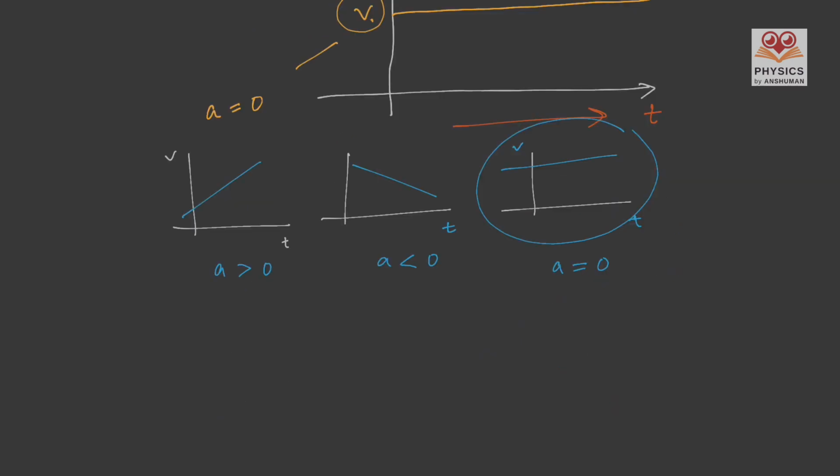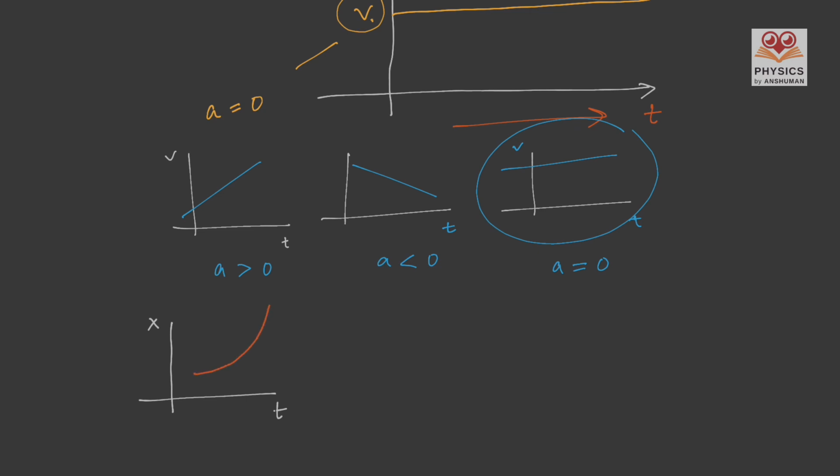And if this was a velocity time graph, and we replicate the same kind of motion in a position time graph, and there is acceleration in the motion, okay, if the velocity is changing positively, it means the velocity is increasing with the passage of time. To show this in the position time graph of the object, you will see something like this.